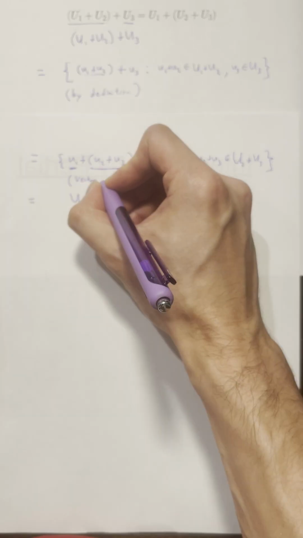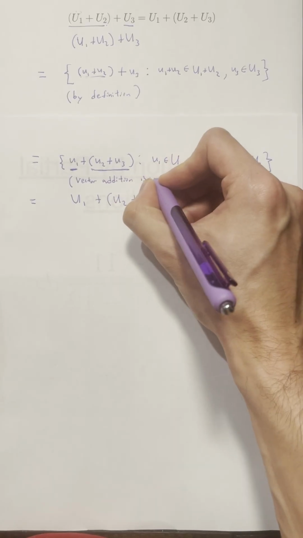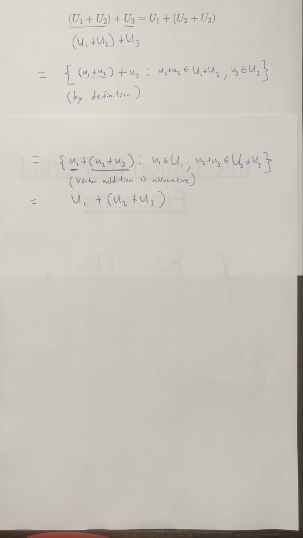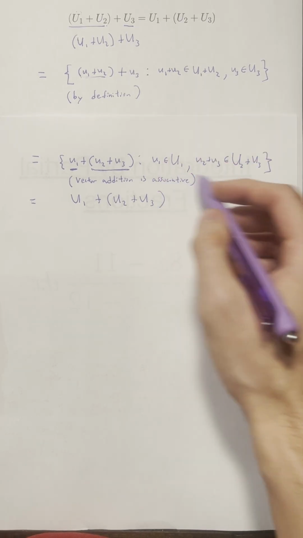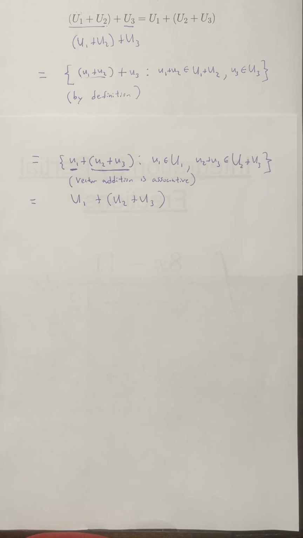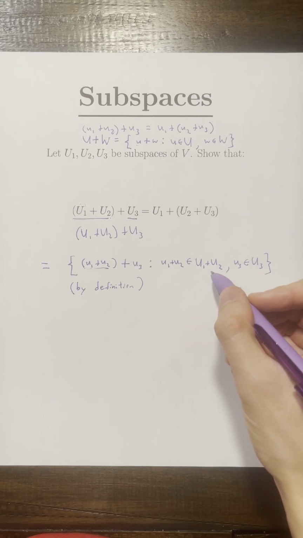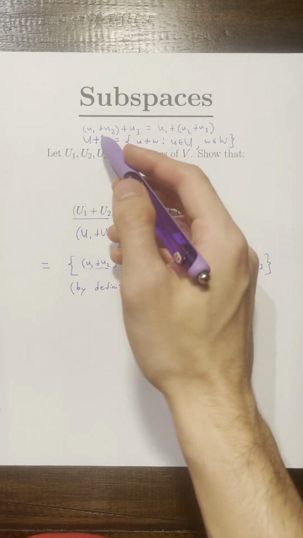Vector addition is associative. Okay, but we still need to bridge this. There's still some vector space addition in this line, so maybe we can reuse the definition again.